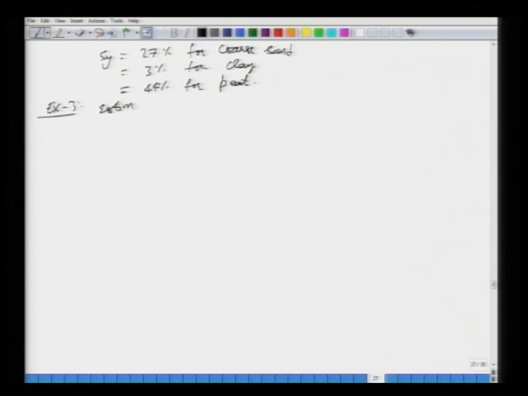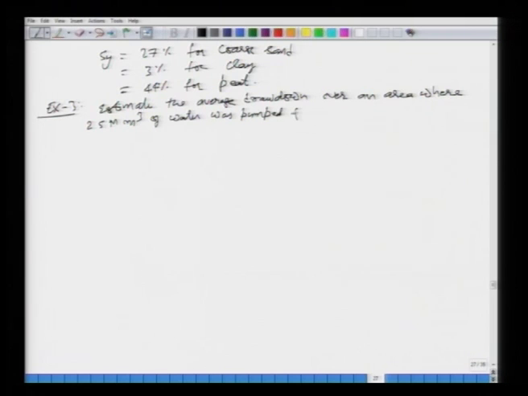And this is how it goes: estimate the average drawdown over an area where 25 million meter cubed of water was pumped from many uniformly distributed wells.